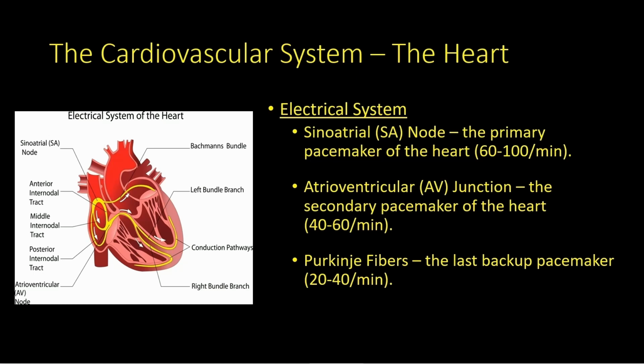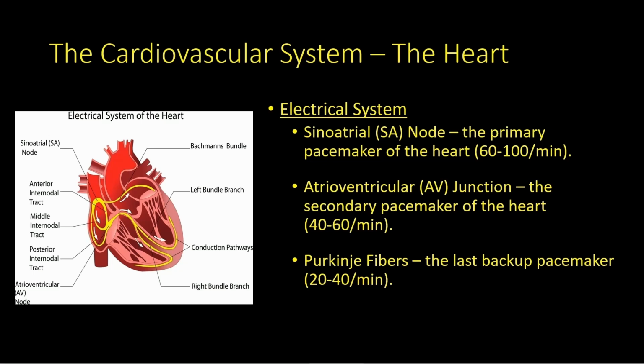Now, if for some reason the SA node doesn't function properly, stops functioning, begins skipping beats, there's a backup, and that's the AV junction, or the atrioventricular junction. Now, this is the secondary pacemaker of the heart. It runs at about 40 to 60 beats per minute.